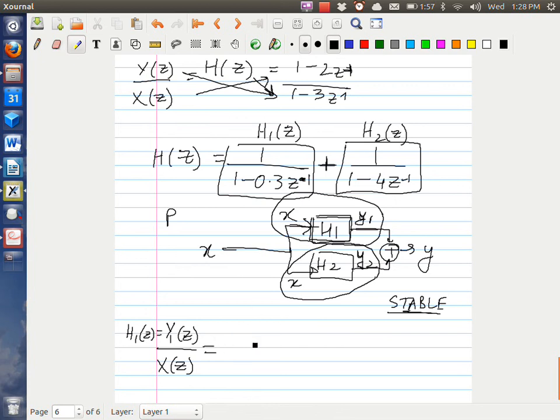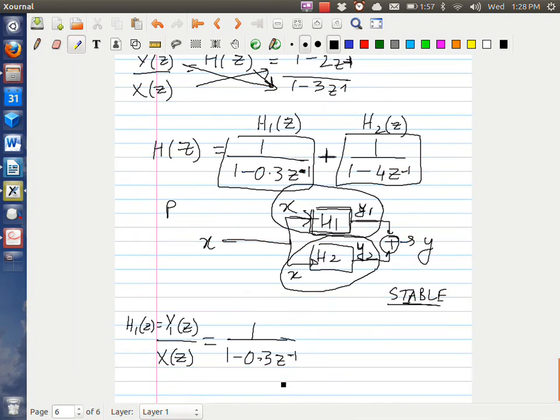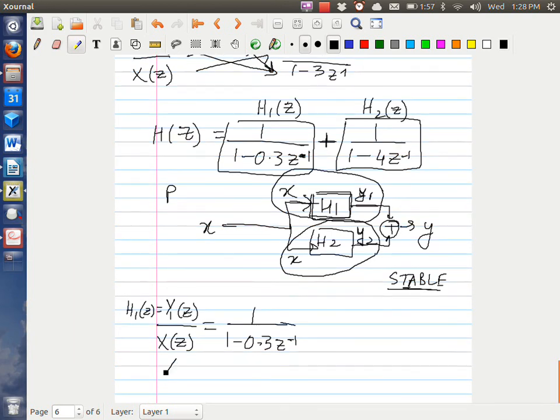And you equate it to 1 over 1 minus 0.3 z inverse. When you cross multiply, you end up with Y1 of z minus 0.3 z inverse Y1 of z equals X of z.